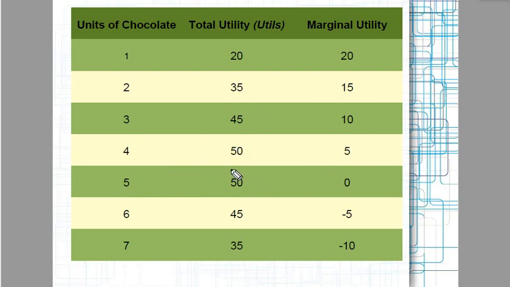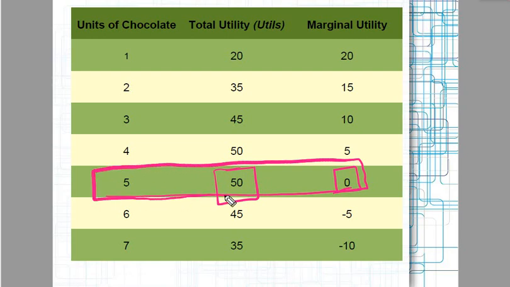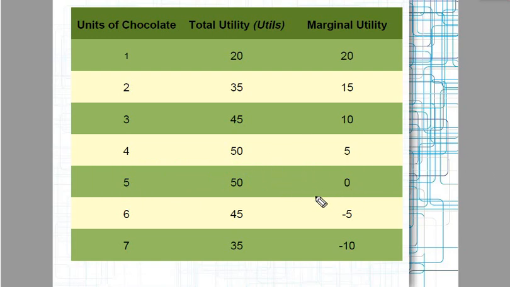All we are saying is that there was no change observed in the total utility. In this case, the marginal utility becomes 0. That means now you are at a point where you don't really need to consume any more chocolate, or you do not wish to, because the satisfaction that you are getting from it has stopped. If you consume any more of it, it may actually harm you, or give you dissatisfaction, displeasure.